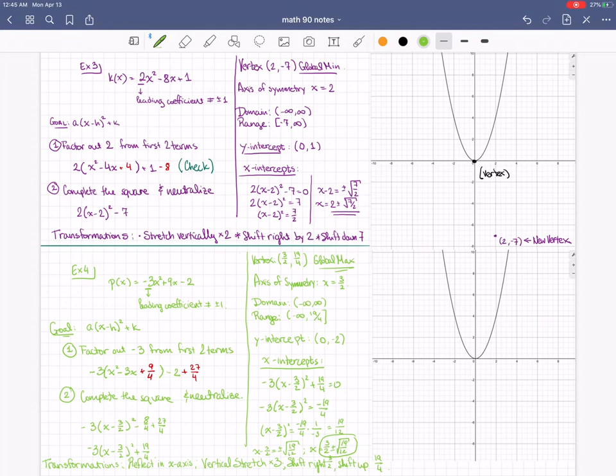So in summary, whenever we're given a function that is not already in vertex form, the process for putting it in vertex form is essentially the same. If there's a leading coefficient that's not 1, we factor it out. It might just be -1, or it might be some other number that's not 1 or -1. So we factor out the leading coefficient from the first two terms, like we did here and like we did here.